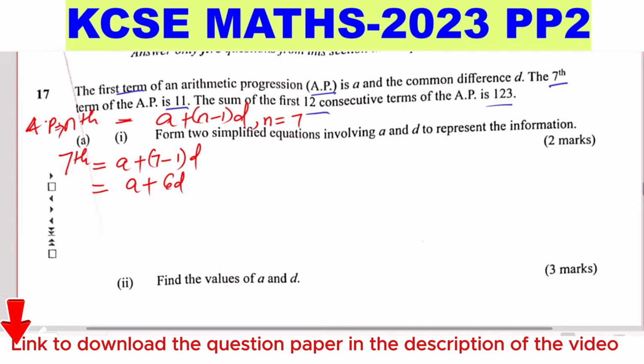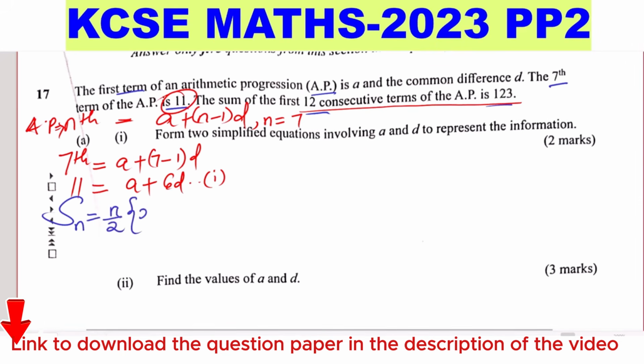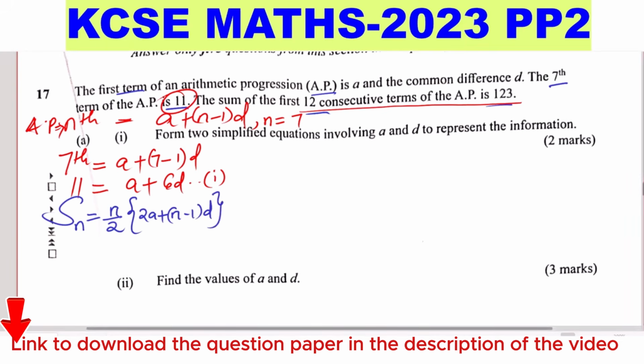And you're given the seventh term is 11. So that gives the first equation. The second equation, we get it from here. The sum of the first 12 terms of the AP is 123. So again, the sum of n terms of an AP is given by n divided by 2, then 2a plus n minus 1 D, where n is the position of the term.